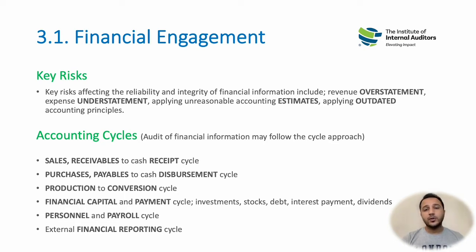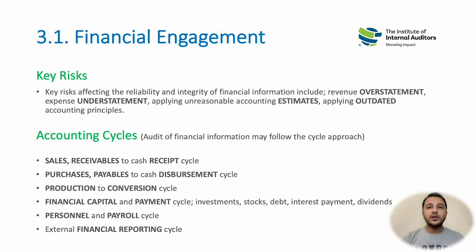Applying unreasonable accounting estimates. This happens sometimes. In IFRS or the accounting standard, we have the provision to use certain estimates, and the standard gives us some flexibility to evaluate our situation and then use it as per the industry practice, or whichever is more favorable.